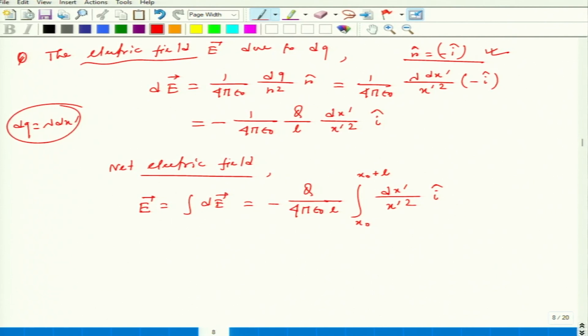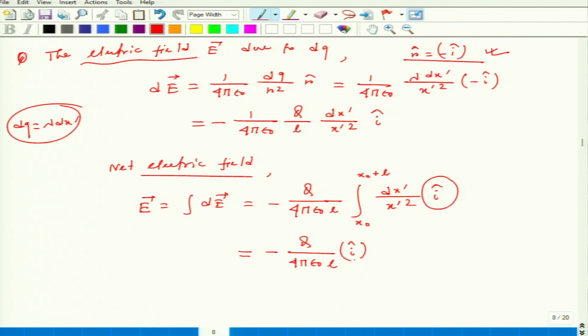Since there is only an x component of the electric field, because of i cap, we are not writing it in terms of r cap, which is basically minus i cap. So the electric field becomes q over 4 pi epsilon naught L, and the i cap is taken outside; the integral becomes a scalar.